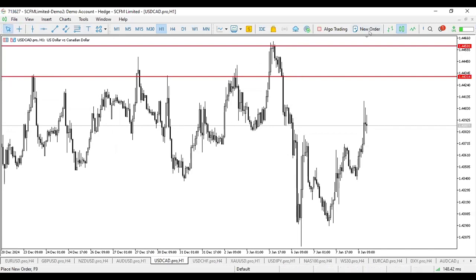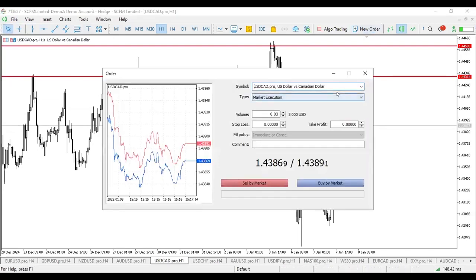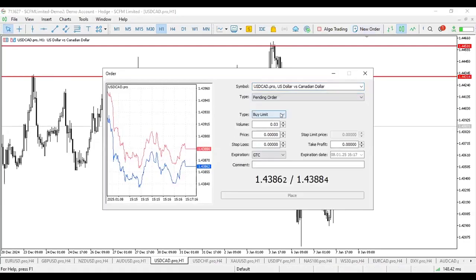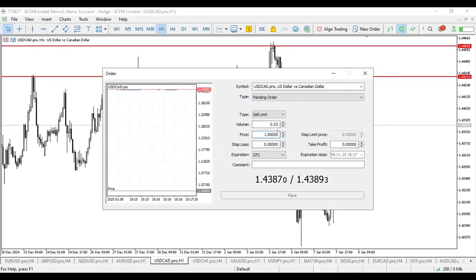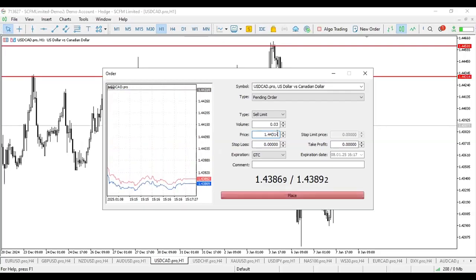So you'll come here, new order, pending order, then sell limit. Then you put the price, which should be above the current market price. So here we have 1.44314.